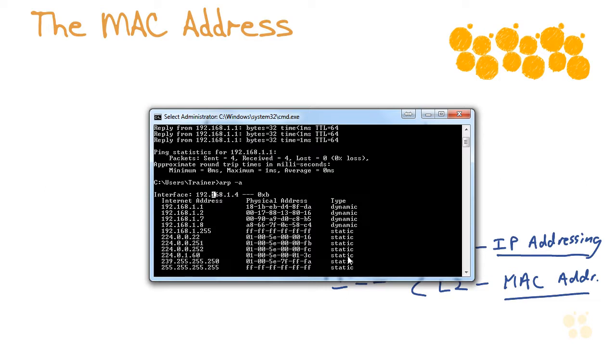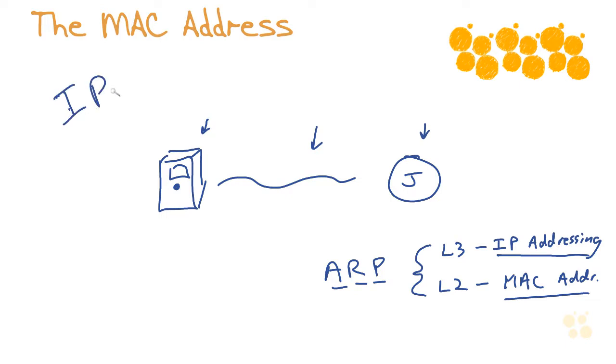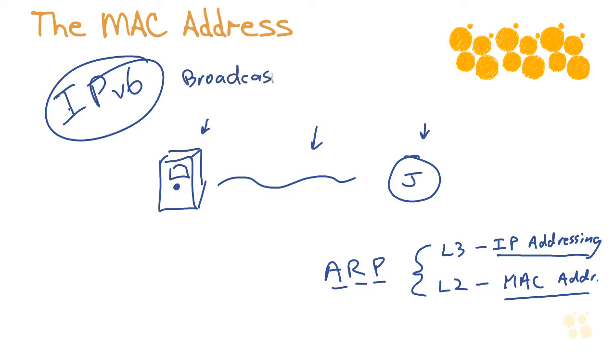Remember, ARP is a broadcast-based technology, and we tend to think that broadcasts suck. As a matter of fact, we'll learn together that in the next generation of IP, IPv6, broadcasting is completely done away with. No broadcasts in an IPv6 world. As you might guess, it's multicast traffic that replaces that functionality.